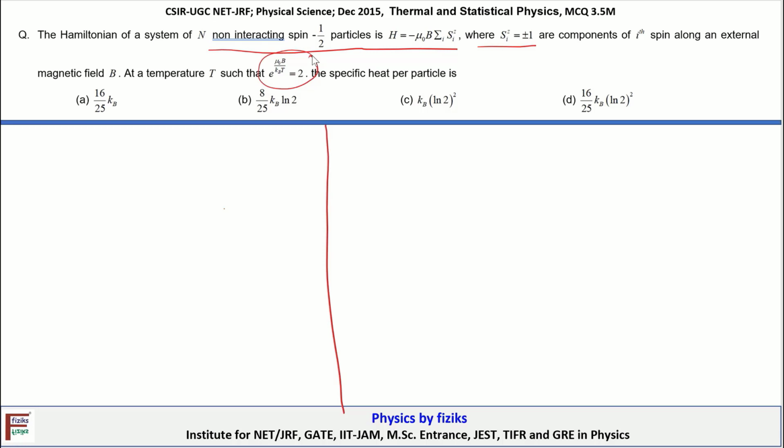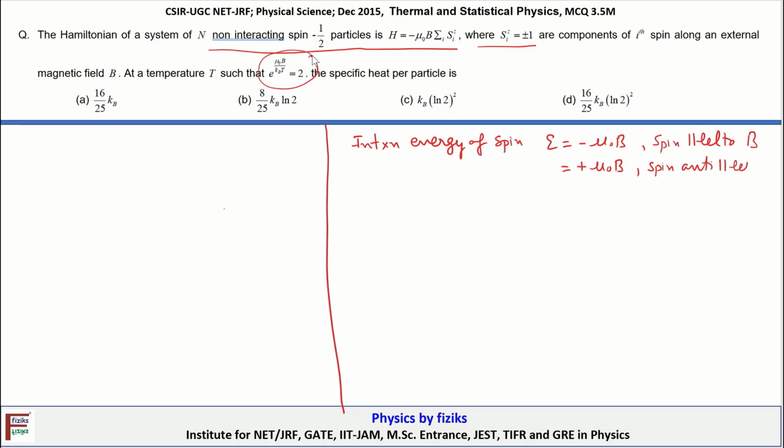So when a spin is placed in a magnetic field, its interaction energy could be E equal to minus mu dot B, or minus mu 0 B, when the spin is parallel to B, or this could be plus mu 0 B when the spin is anti-parallel to B. So we have two energies available depending upon whether the spin is aligned along the field direction or opposite to the field direction.